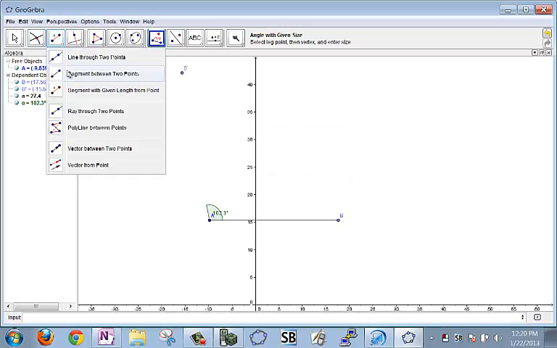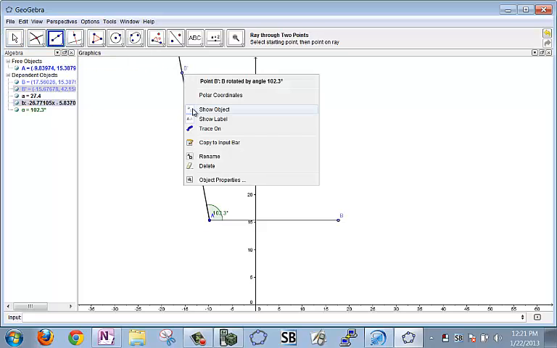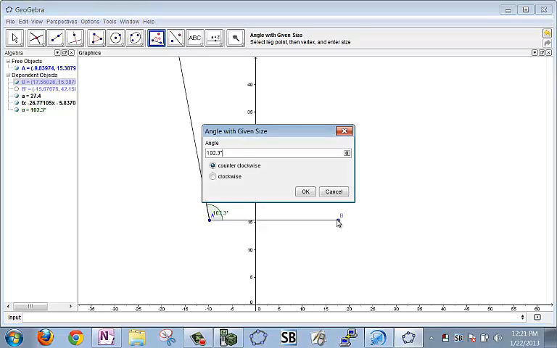Okay. Now I don't know how long that side is, so I'm going to draw a ray. And then, I don't want to see this point because it's nothing. What was the other angle? 49. The problem is the 28.7 was across from the 27.4, right?